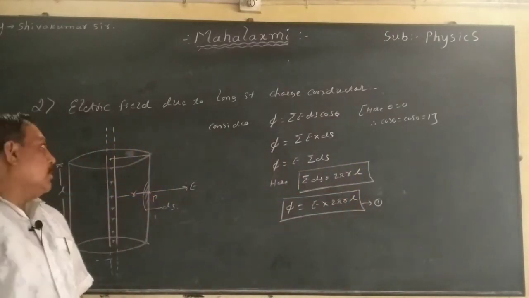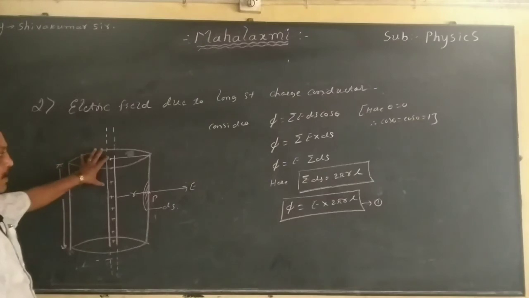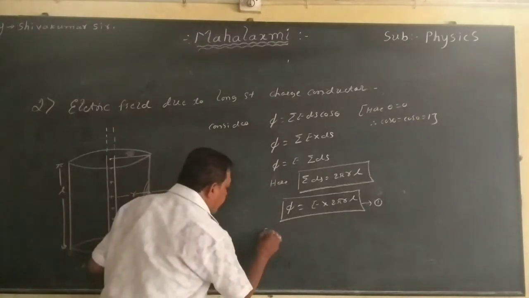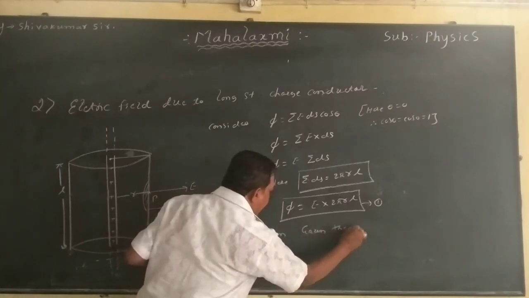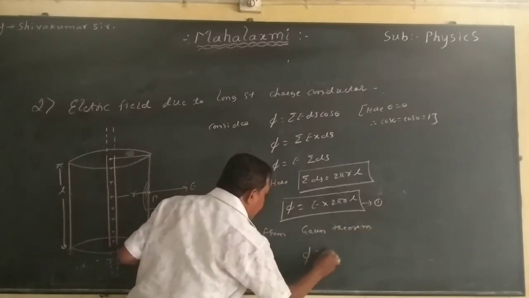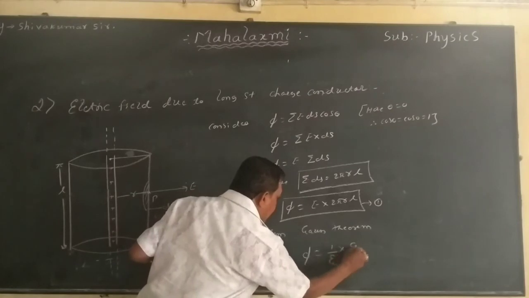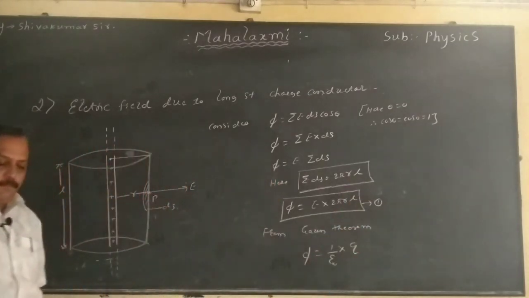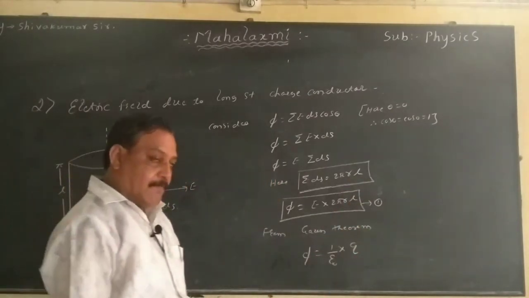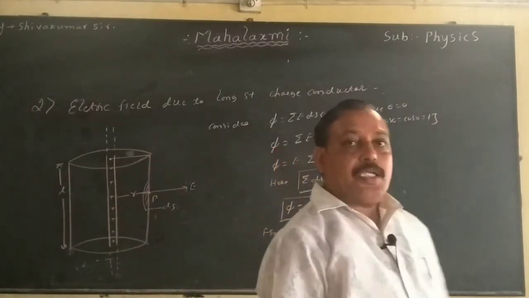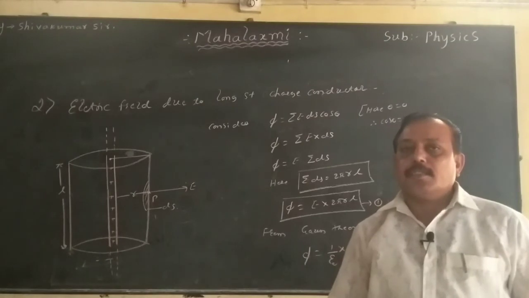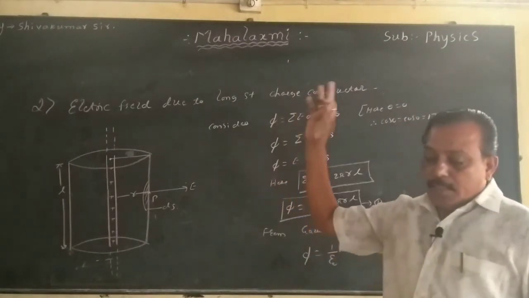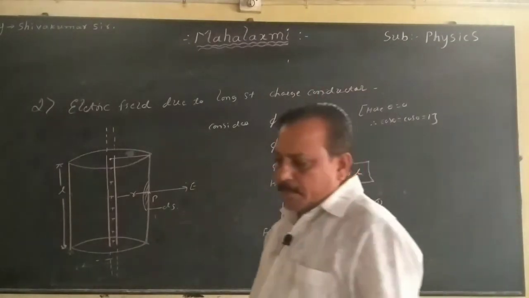Then from the Gauss theorem, what is phi? Phi equals 1 by epsilon naught times the total charge enclosed. Again, the charges are distributed along the length, so we have to consider the linear density of the charge.